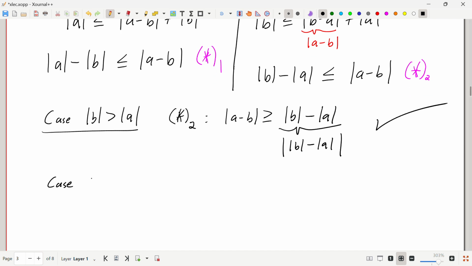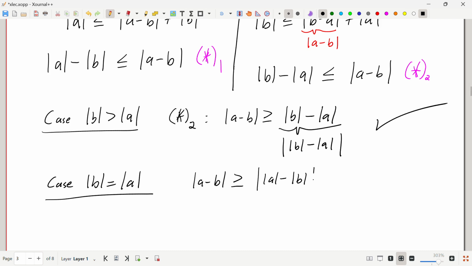Then there would be a case of absolute B equals absolute A. And then you ask yourself, is A minus B bigger than or equal to 0, which is this would be 0. So it would be one of those, duh, yeah, check.